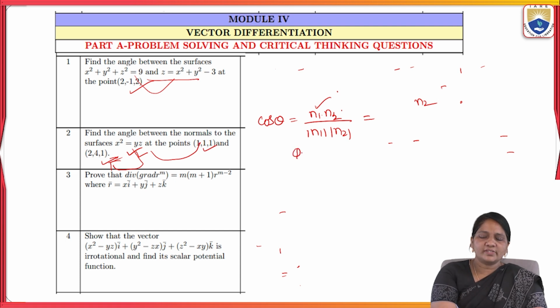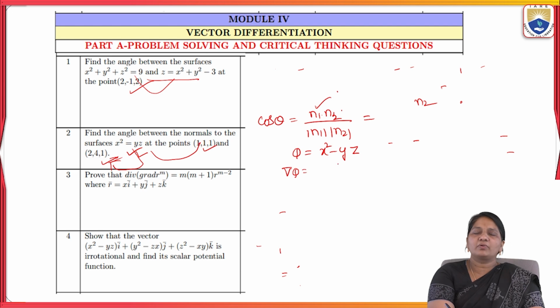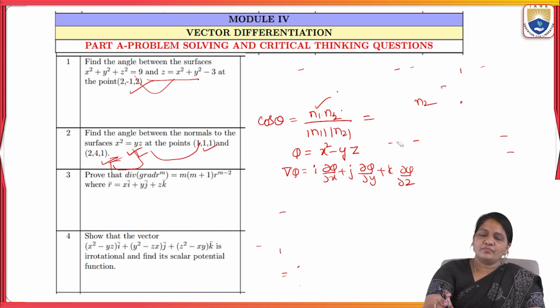First of all, what is the φ here? The given surface is x² − yz. So here ∇φ equals i into ∂φ/∂x plus j into ∂φ/∂y plus k into ∂φ/∂z. Already we know the φ, right?